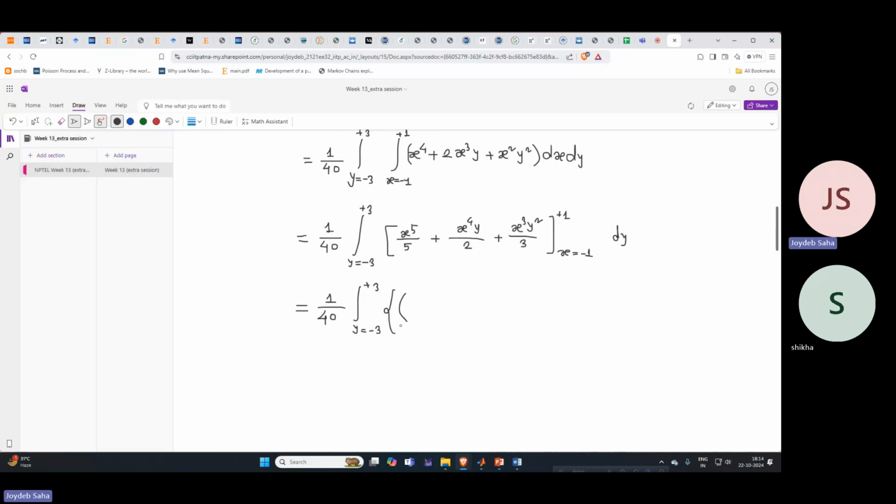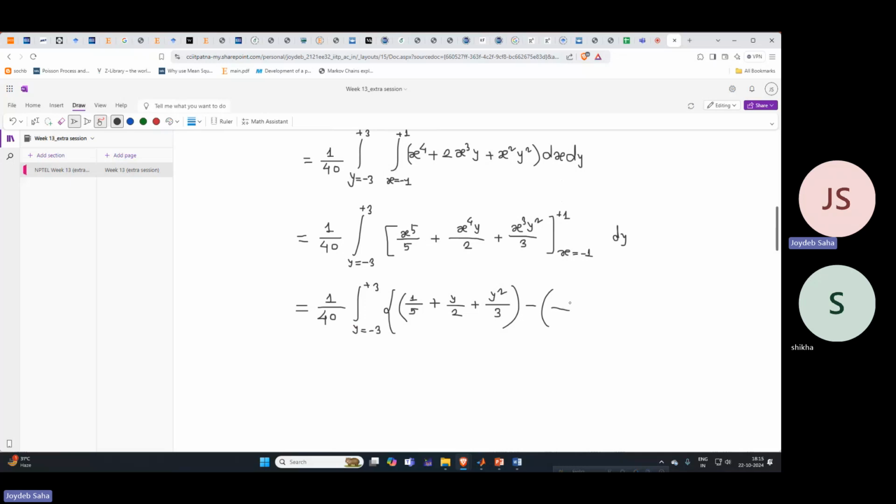So if we put 1, we will get 1 upon 5 plus 1 upon 2 y plus y square upon 3, minus this is minus 1, right?